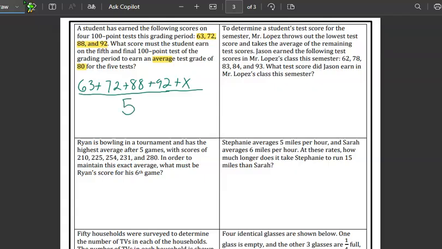Divide by 5 since there are 5 of them, and it's going to equal 80 for that mean, that average. From here, we can simplify the fraction in the numerator, 315 plus x, and then divide by 5 equals 80. To get rid of that 5 in the denominator, multiply each side by 5.